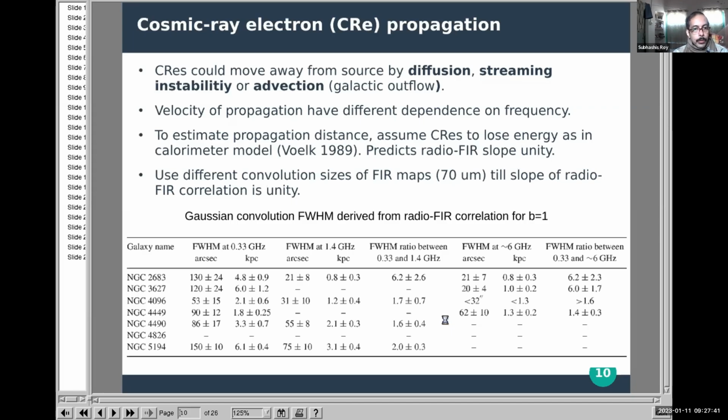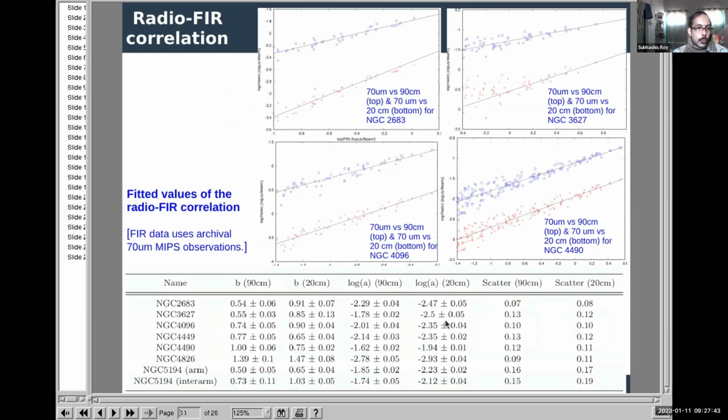Before I go for interpretation, I would show one more result, which I mentioned, the radio-FIR correlation. Here the issue is the spatially resolved radio-FIR correlation. We have seen a few cases earlier from Basu and Roy 2012 that the radio-FIR slope fluctuates when you use the radio data taken at 0.33 GHz as compared to 1.4 GHz.